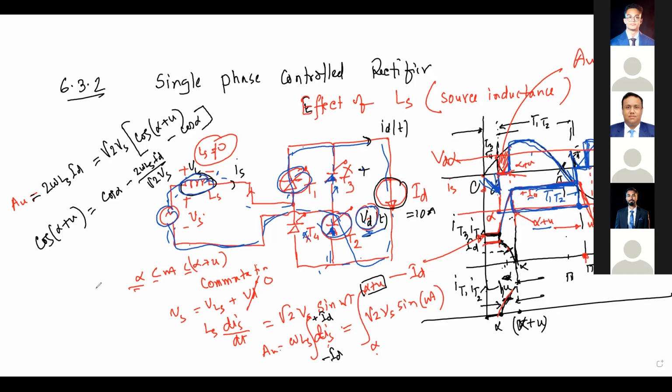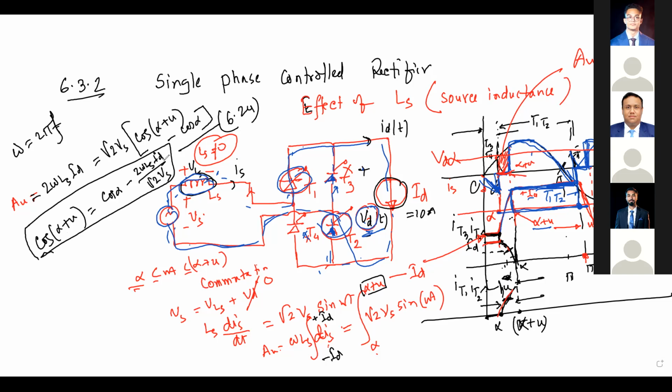So this is your equation 6.24 of your book. From this equation, you can always find out the value of U if you know the firing angle alpha. If you know omega equal to twice pi f, and if you know f, and if you know ID, then you can always find the commutation angle, okay? For the sinusoidal case. You got my point? Yes, sir.